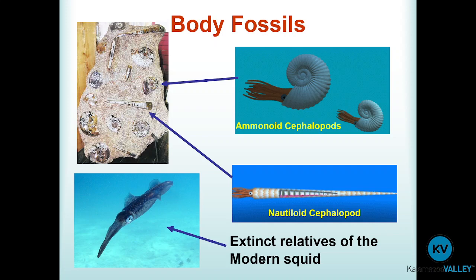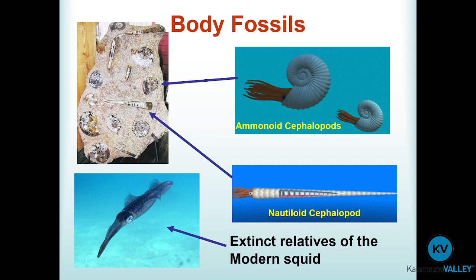Their circular shells are called ammonites. Those are the types of fossils that we might see. And these are actually filled with individual chambers. So the lines that you see on these shells are individual air chambers that they can fill with differing amounts of air in order to adjust their buoyancy.